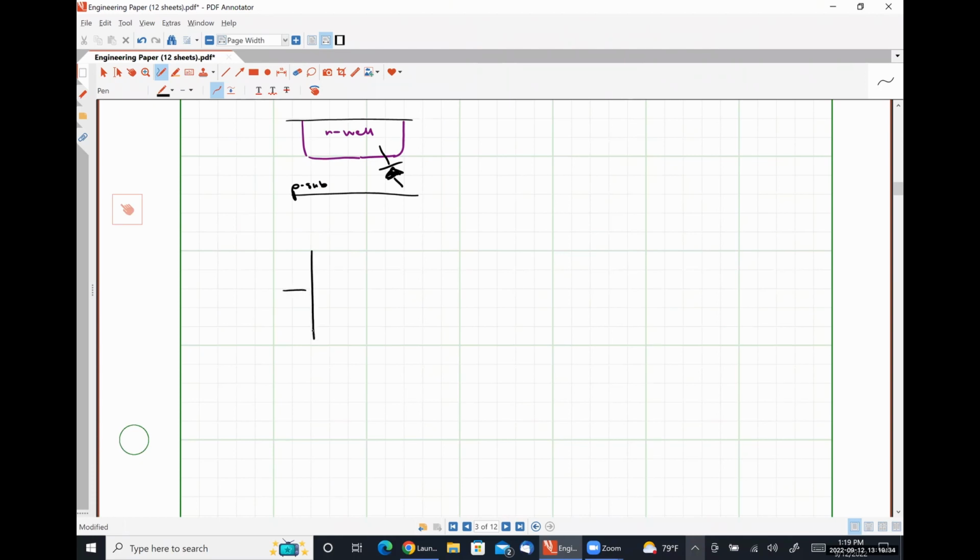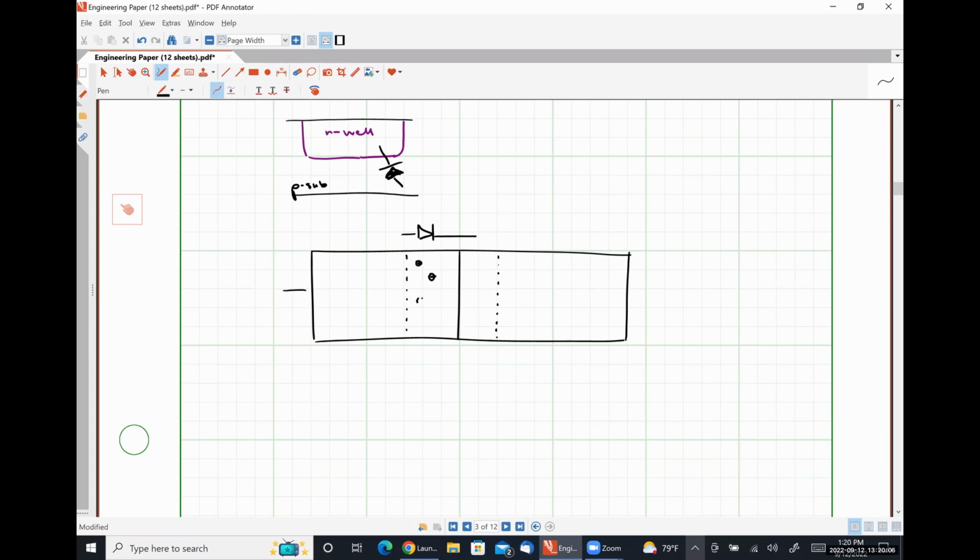So for our generic PN junction under reverse bias conditions, we know that we are going to have some amount of stored negative charge on the P side of the junction and the same amount of stored positive charge on the N side of the junction in the space charge layer.